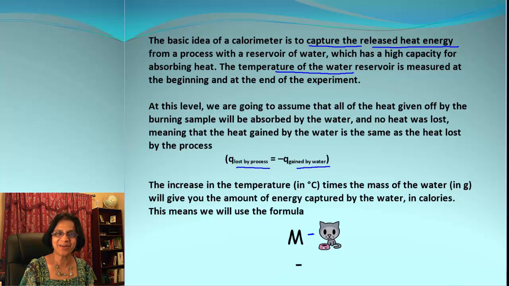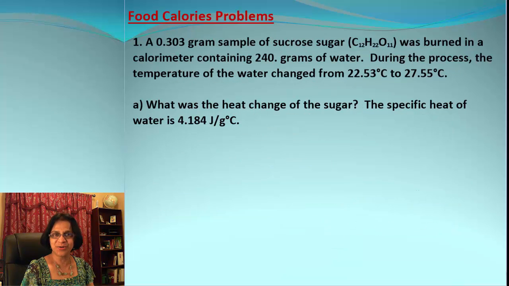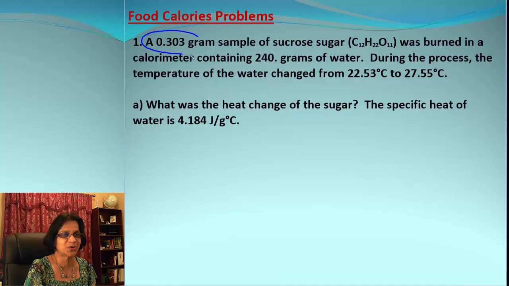And how do we calculate heat lost or heat gained? That is the MCAT formula. It is in fact mass times specific heat C times delta T, which kind of looks like M and CAT. So let's look at our first problem. We are burning sucrose.